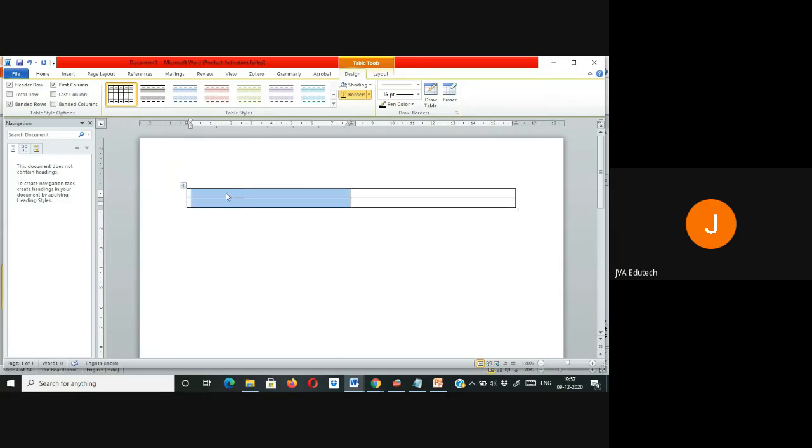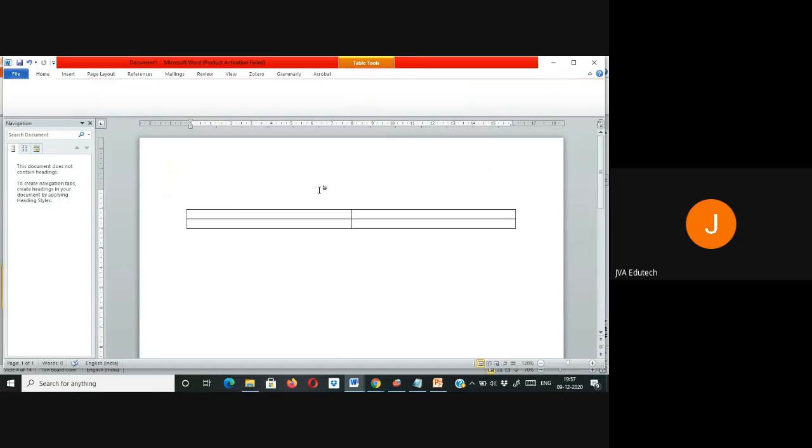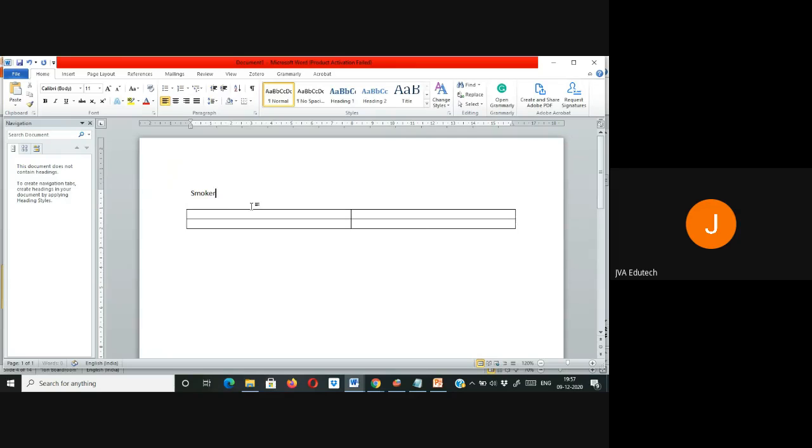On this side you have smoker, on this side non-smoker, in two categories.